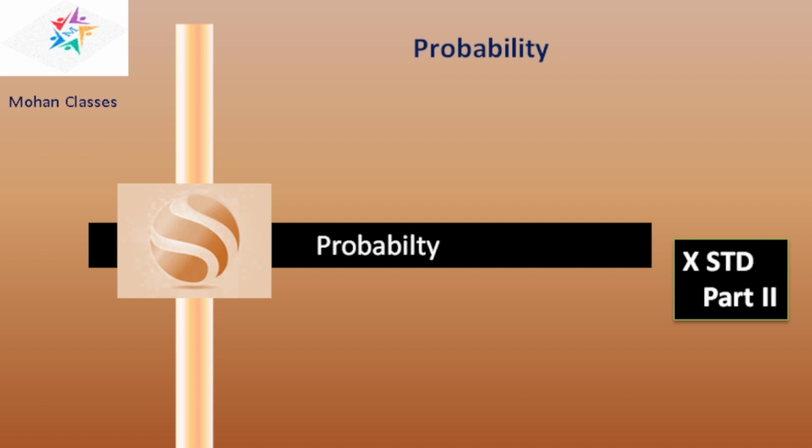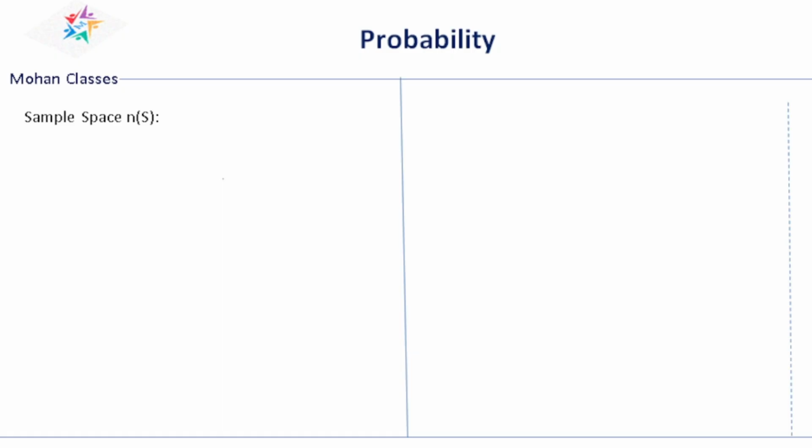Let us start. Before going to the worked examples, let us see how to write the sample space for the experiment. Here, let us go with the first coin.